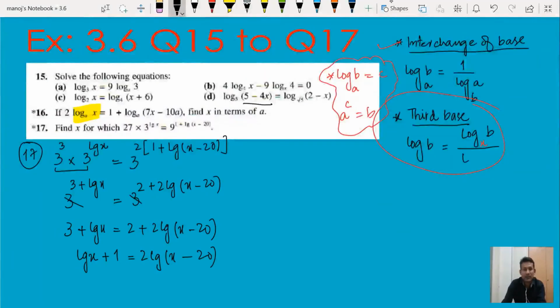In the last question we used log a a, and log 10 is equal to 1, so here I will write log 10. When you write a single log, I have to write x multiplied by 10, and here 2 will become the power.